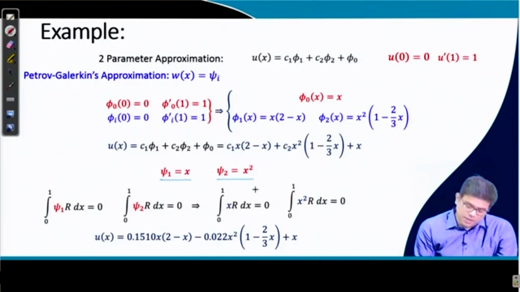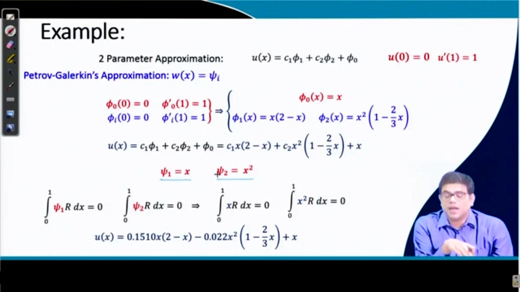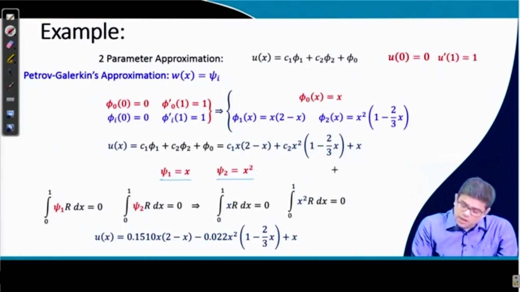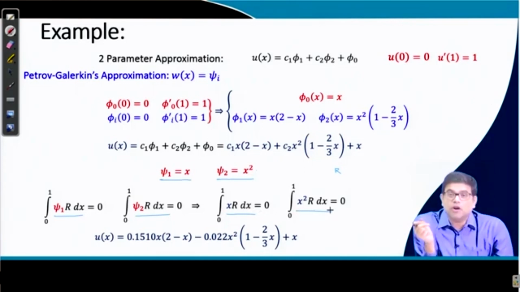Now in the Petrov-Galerkin method, in the same way that we performed the Galerkin approximation, I can construct R, substitute it, and use this. So these two equations are my linearly independent equations. Obviously the psi which I take different here is a requirement for Petrov-Galerkin. Now this has to be a complete polynomial, and obviously phi has to come from the differentiability requirement also.